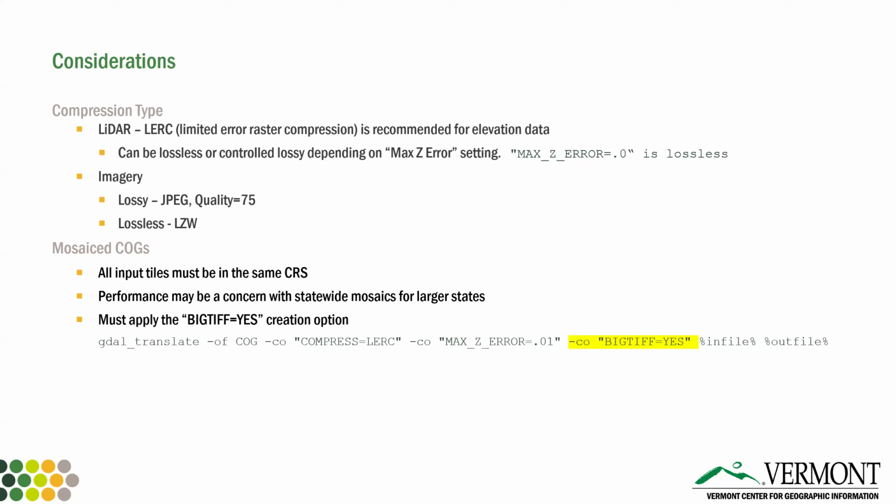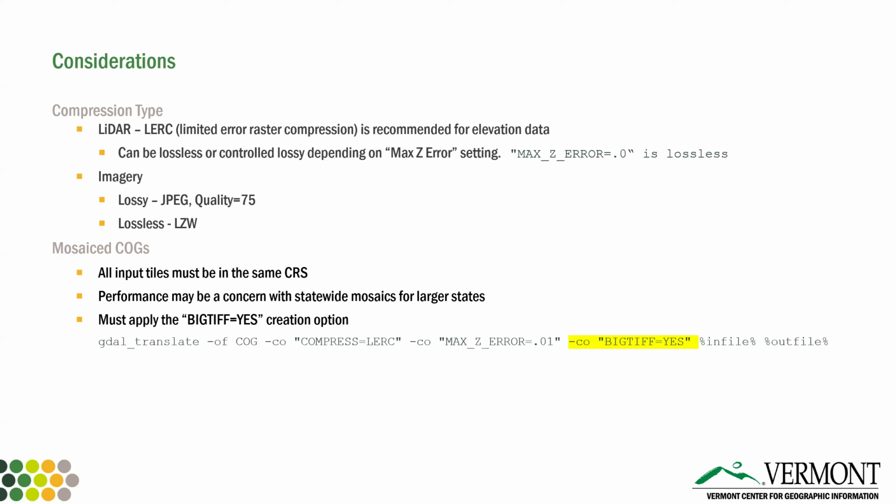A max Z error of 0 is essentially lossless. For imagery, for lossy, if somebody wants to just use it as a base map, JPEG quality 75 seems pretty good. If folks wanted to use it for image classification and they need that unadulterated pixel data, you might want to use a lossless compression.